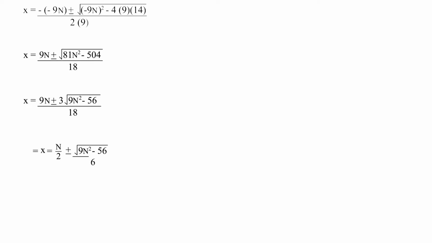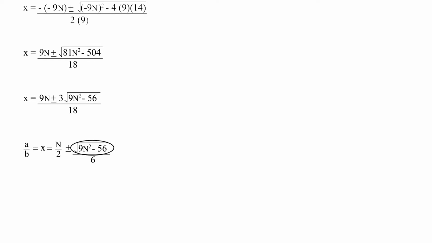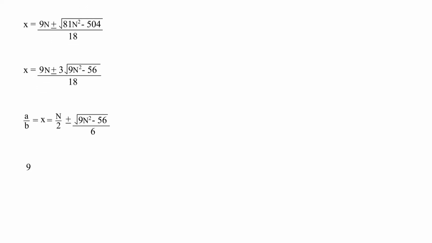Now remember, this is equal to a over b, and a and b are integers. So since a and b are integers, this will be a rational number. A rational number, of course, is any number that can be represented in the form a over b. And the only way that can happen is if this is not a radical. That has to be a number. In particular, what we mean is that 9n squared minus 56 under the square root sign must be a rational number.